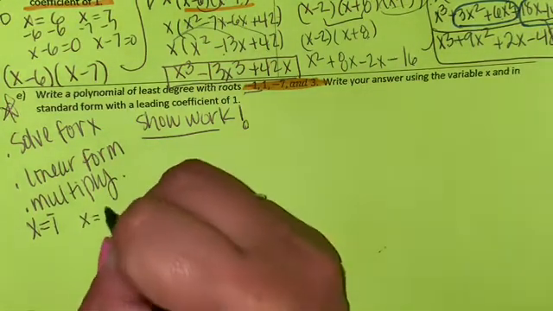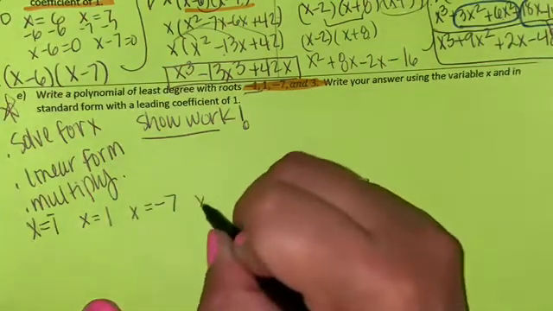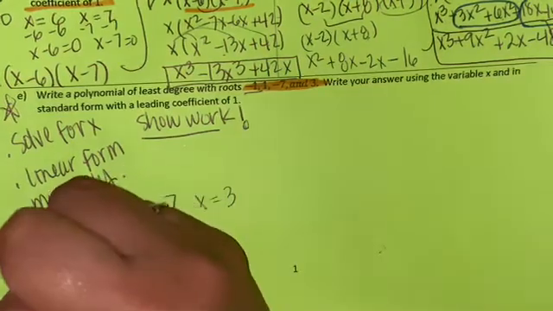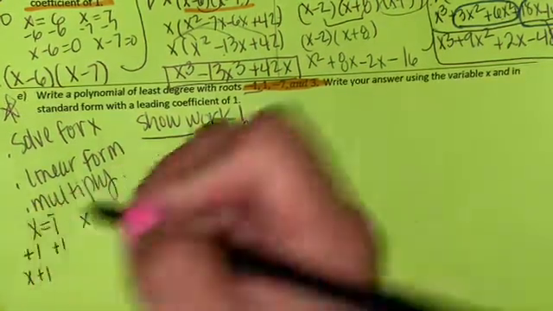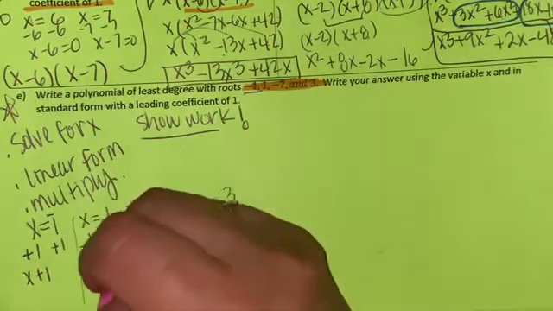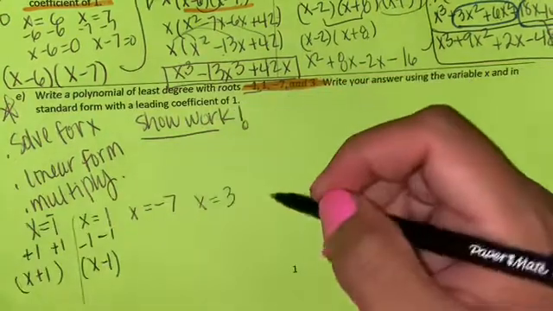X equals 1, x equals negative 7, x equals 3. So plus 1, x plus 1, minus 1, x minus 1. Let's put these in parentheses because that's what we're going to multiply.